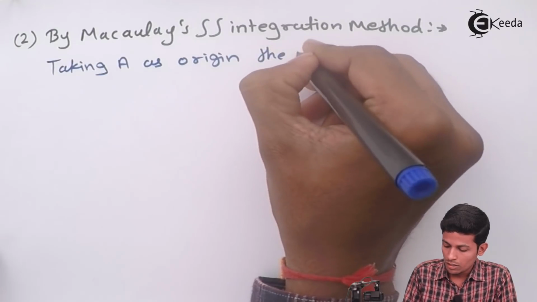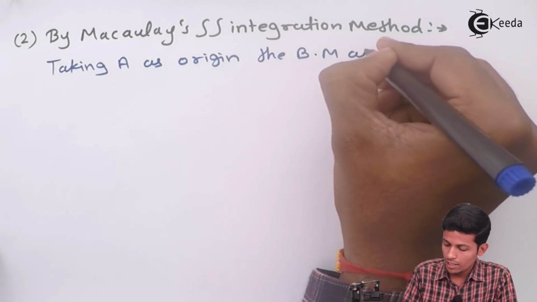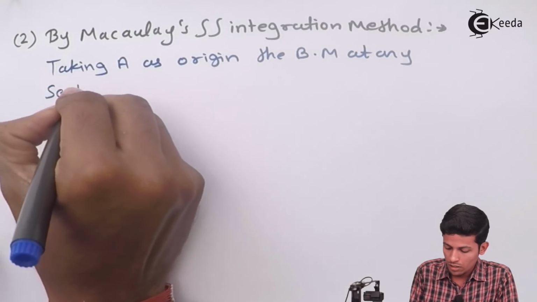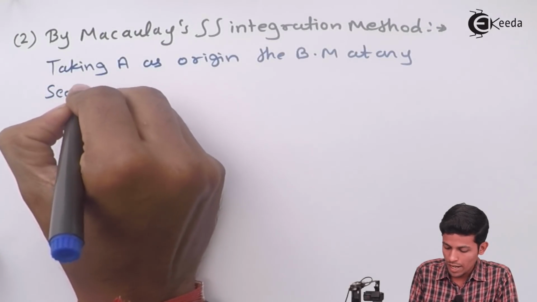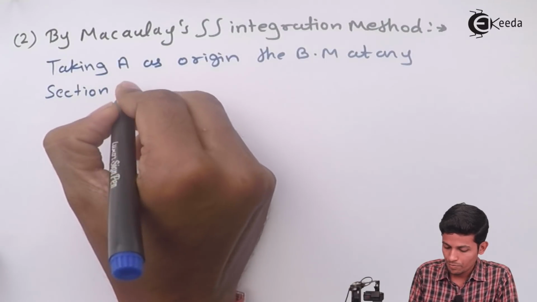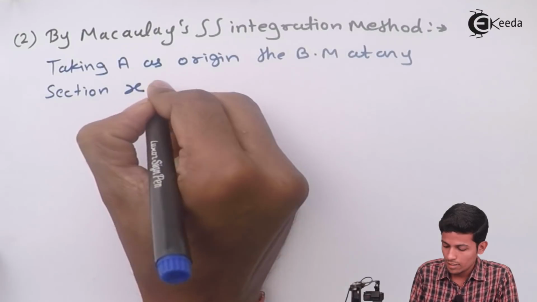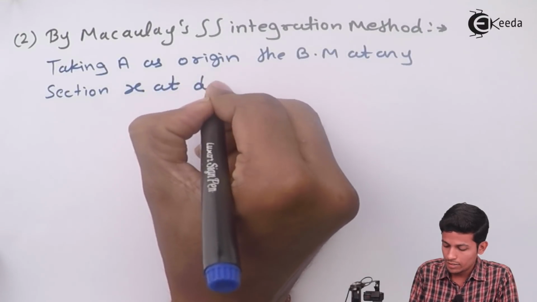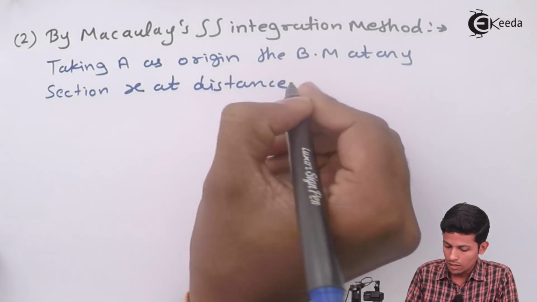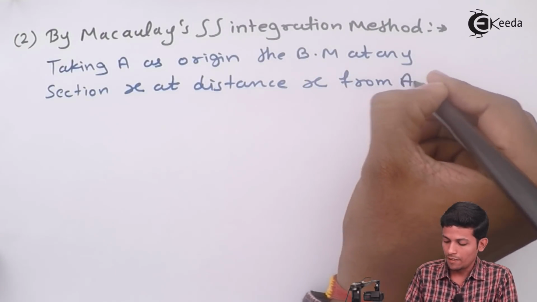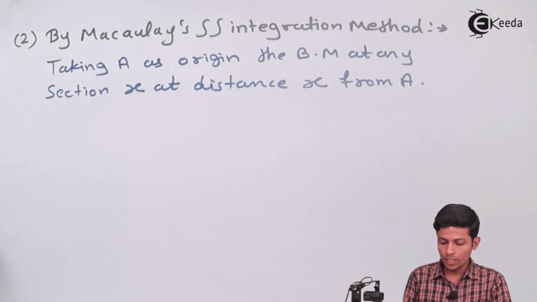the bending moment at any section x at a distance x from A. Now this point you have to remember over here.